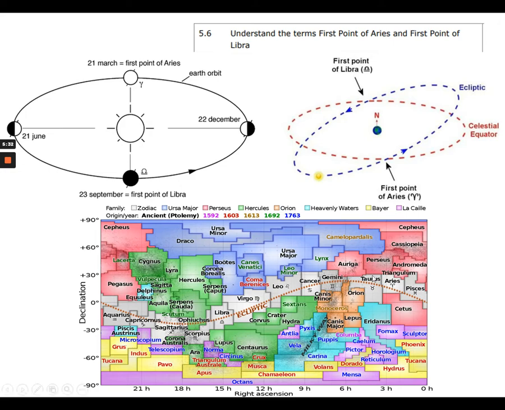It's not in Aries anymore, it's in Pisces due to precession, we'll get to that. But the sun will then appear to go higher and higher and higher in the sky until the 21st of June. It's at plus 23.5 degrees, which of course is the tilt of the Earth, the axis of the Earth.